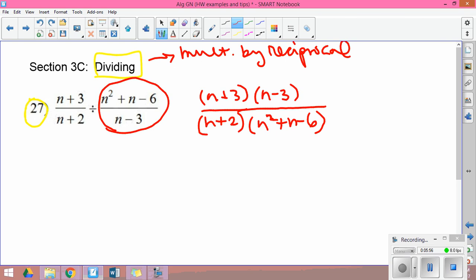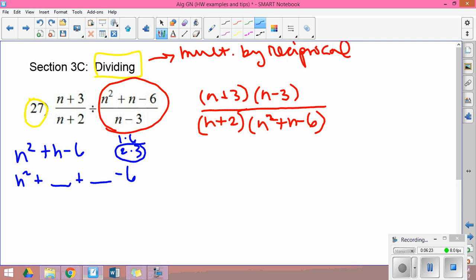Now this n squared plus n minus 6 has to factor, so I'm just going to go off to the side here. And I'm just going to say the factors of 6 that we're going to add or subtract to make 1n. Now, the only way that that can happen is if I have a negative 3n and a positive 2n.